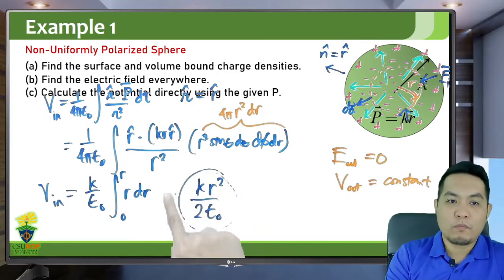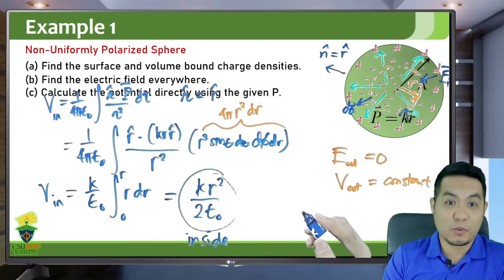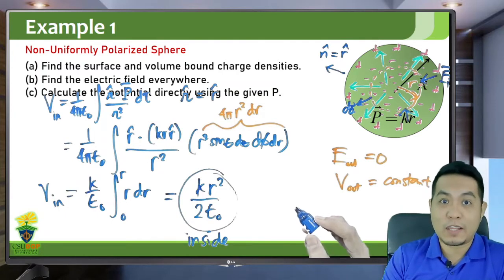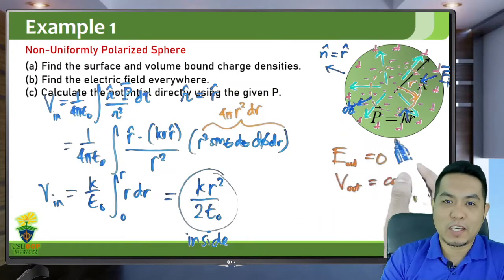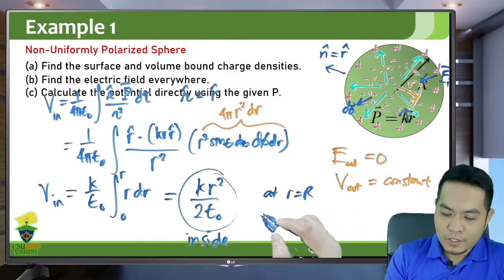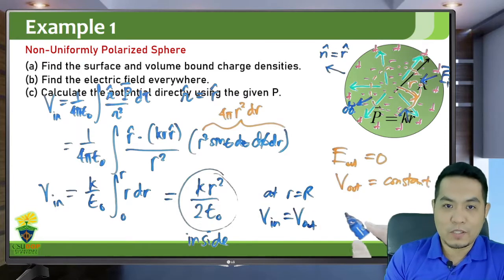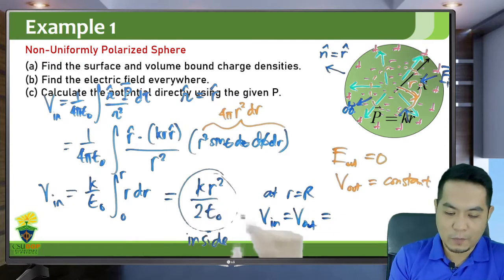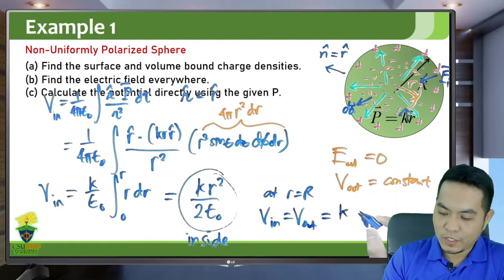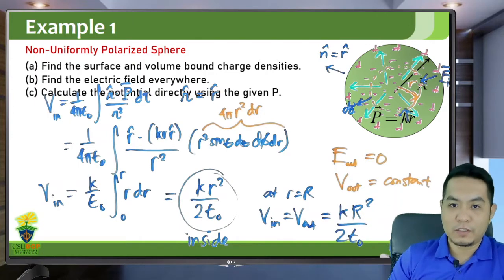Based on the potential inside, since the potential is continuous at the surface or at the boundary, and the boundary here is at r equal to capital R, at r equal to capital R the potential inside must be equal to the potential outside. When r is equal to capital R, that will just give you k capital R squared over 2 epsilon naught.